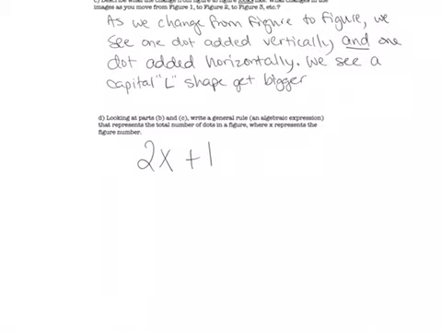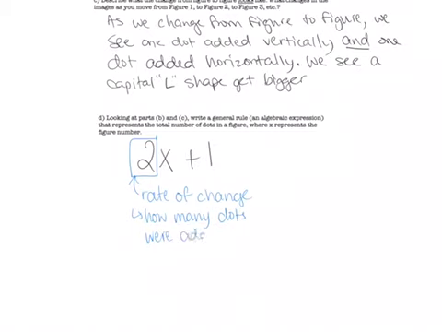So when we're looking at a question like this, the number that goes in front of the x is always the number that's the rate of change. In this case it was how many dots were added each time.